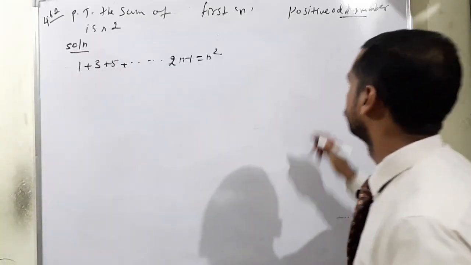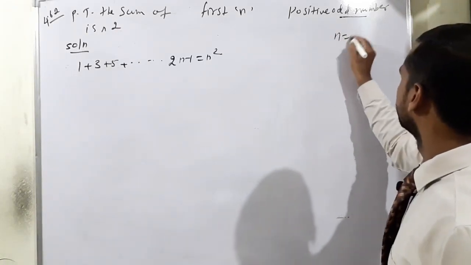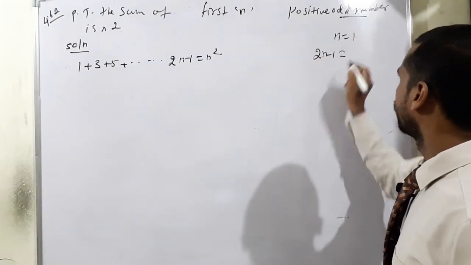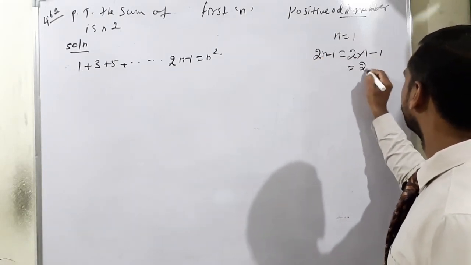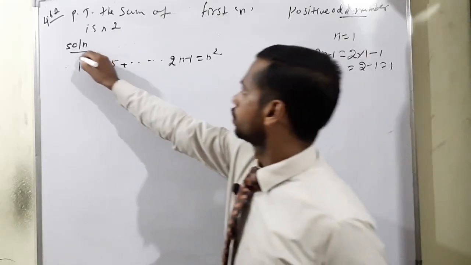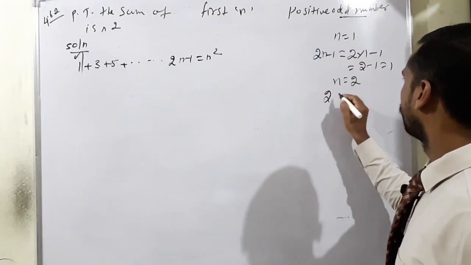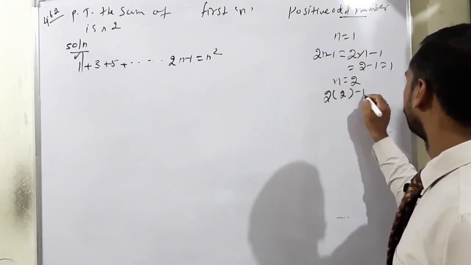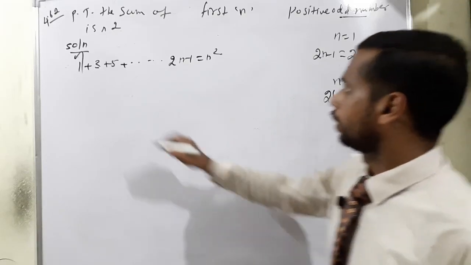Look at this. If we consider n is equal to 1, then 2n minus 1 is equal to 2 into 1 minus 1, so 2 minus 1 is equal to 1. That is the first number. When n is equal to 2, what will happen? 2 into 2 minus 1, so 4 minus 1 is equal to 3.